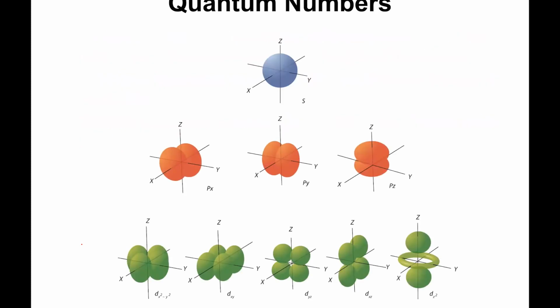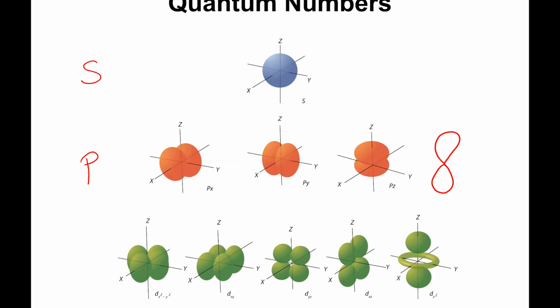The ones that you commonly will see are, firstly, the S-shaped orbitals, which are spherical. The next is the P-shaped orbitals, which have what we call a dumbbell-like shape. Although I haven't seen very many dumbbells that look like this, but you get the idea.